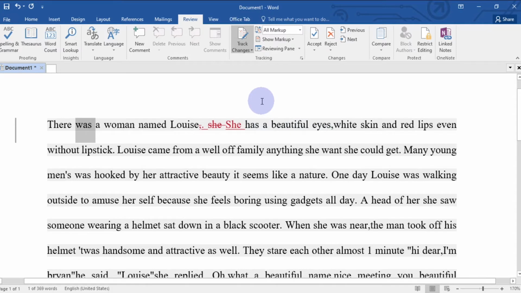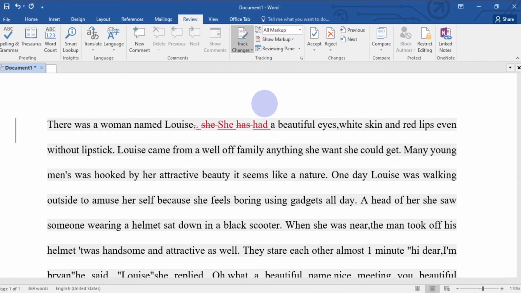What do you think is wrong with this phrase? Yes, what we have here is a verb in the present tense, which is has. Hereby, it should be corrected to its past simple form, which is had. She had a beautiful eyes, white skin, and red lips, even without lipstick.